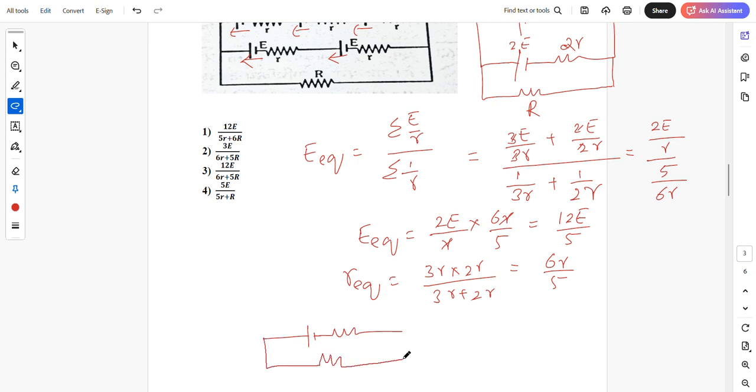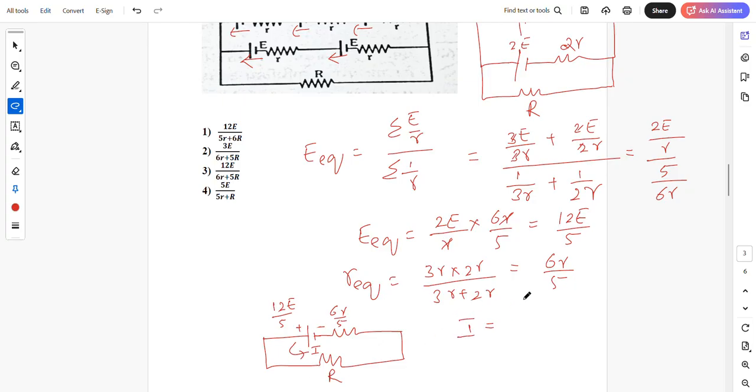This is the external resistance R, right? The E is 12E by 5, and this is 6R by 5. How to calculate I? The current I flows in the anti-clockwise direction.